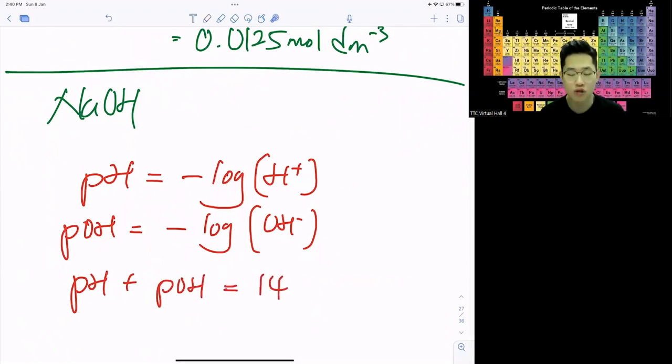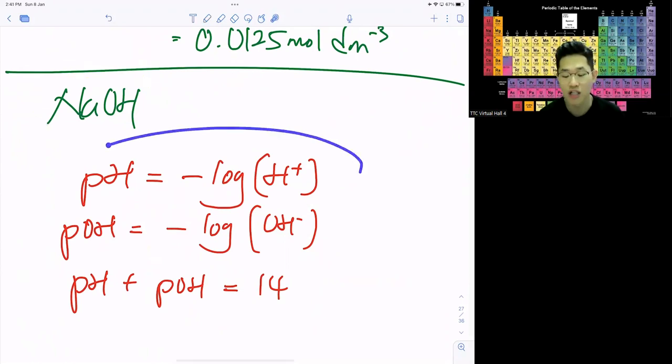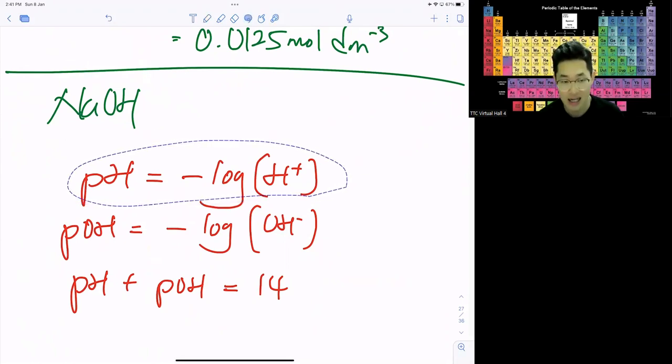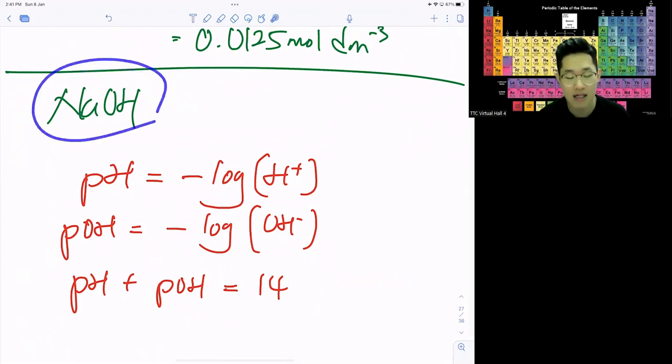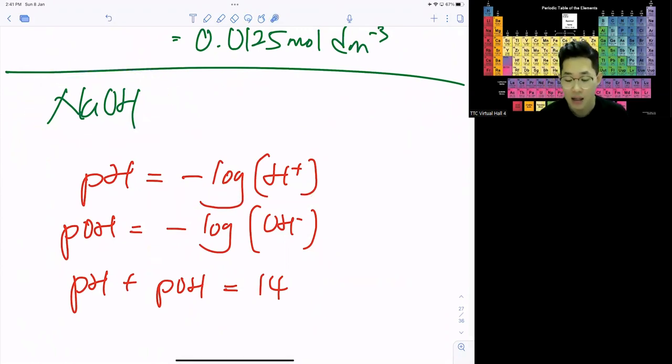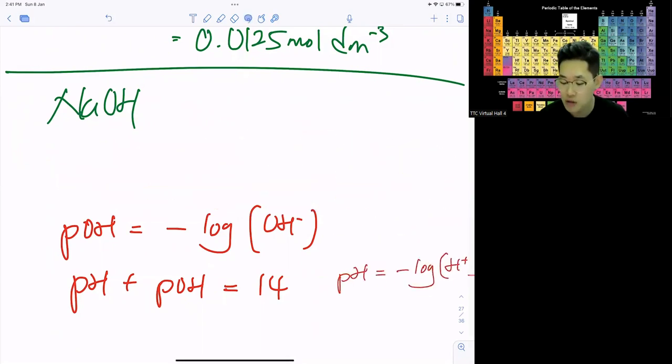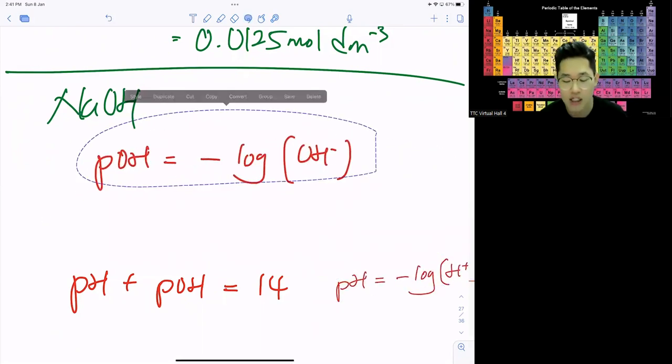So when they want me to find pH, of course I will need this formula, right? Because I want to find pH. Is it like that? No. It is totally based on the chemical substance given. The H plus and OH minus refer to the ion. You look at this solution, has H plus or not? No. So there's no way you can use pH equals negative log H plus. So what I can do here is use pOH instead.